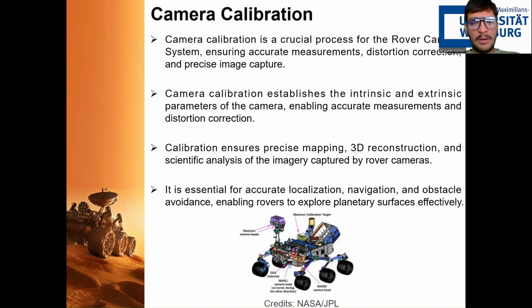Camera calibration ensures precise mapping, 3D reconstructions, and scientific analysis of the images captured by different rover cameras. It is essential for accurate localization, navigation, and obstacle avoidance, enabling the rover to explore the planetary surface effectively.